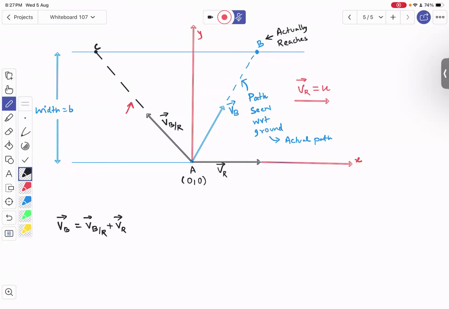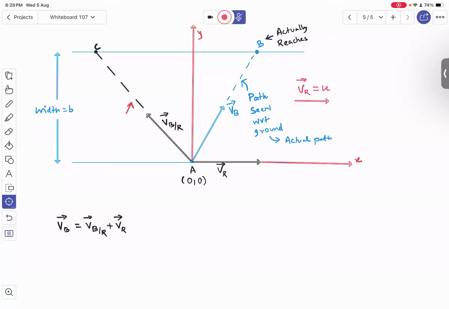Just like in the upstream or downstream case, the velocity of the boat will be found by adding up the vectors VBR and VR. The boat might be doing something else with respect to the river, but whatever he will be seen doing from the ground frame, which vector tells us that? It is the velocity of the boat from the ground frame.